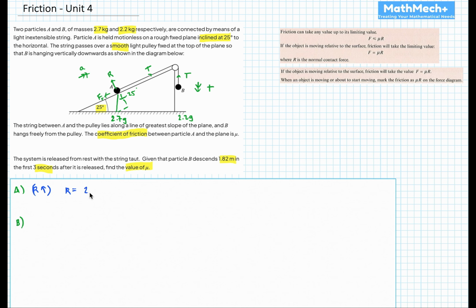It's up to yourself for your own descriptions. Okay, 2.7 G, cosine or sine. You need to think about what you're doing here, so just think of the direction. So it's going with the angle. Along the side of the angle is cosine, as always. And we've 25 as our angle. So just pop that in your calculator.